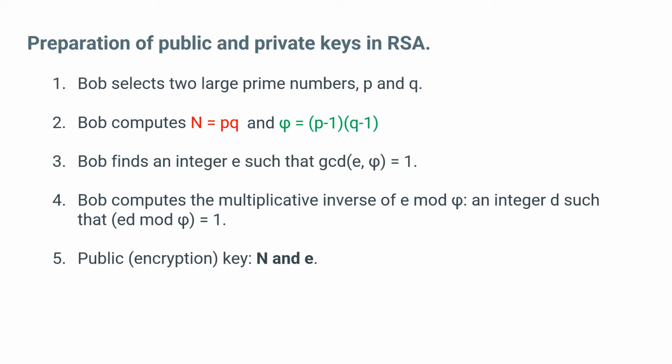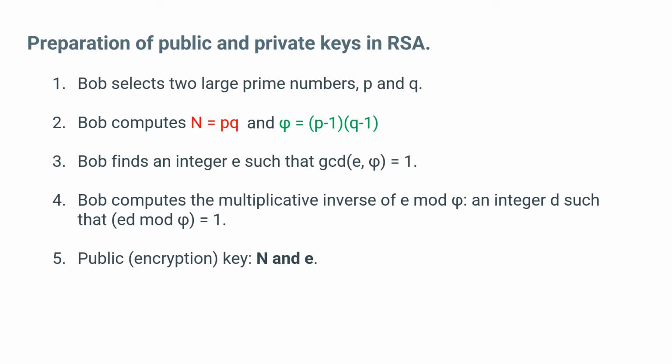This N is going to be a big number, and if someone could easily factor any old big number, then they could come up with P and Q, which would be very helpful for them. But the idea is that it's going to be hard for anyone who wants to try to decrypt this to come up with P and Q. So he just releases the product of P and Q, which is N.